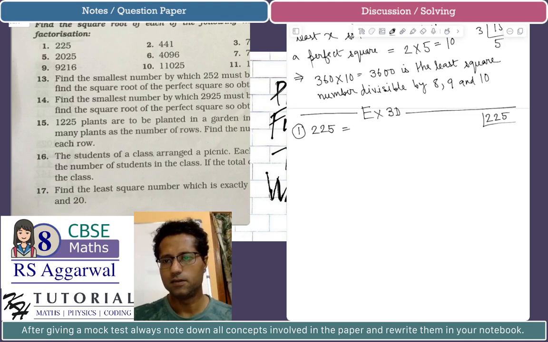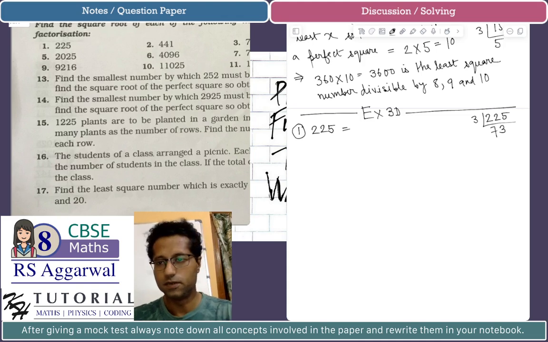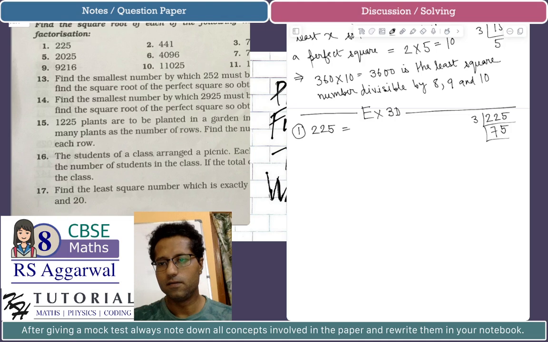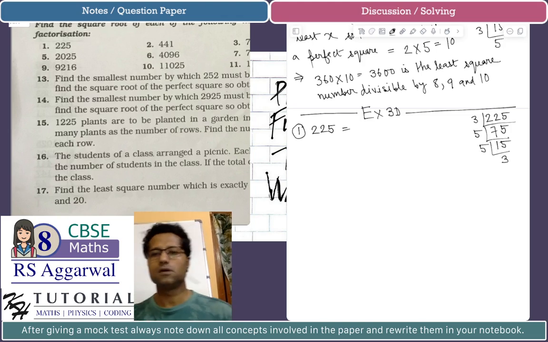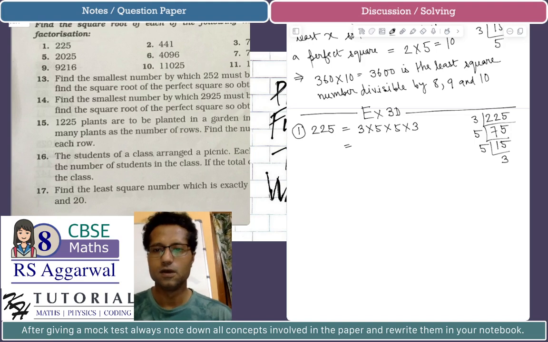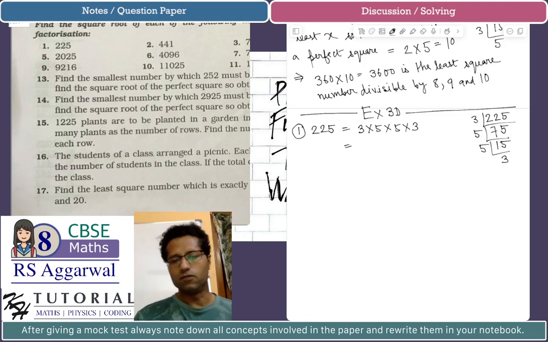Let's divide by 3. We have 75, and then let's divide by 5. We have 15, and then again by 5 we have 3. So 225, we can see the prime factors are 3 multiplied by 5 multiplied by 5 multiplied by 3. Now I will arrange the prime factors so that I get pairs of equal factors.